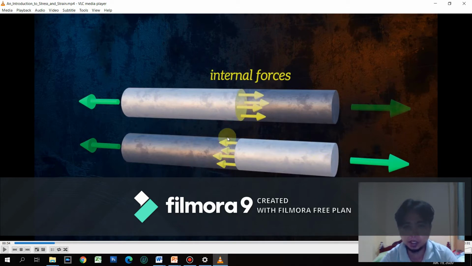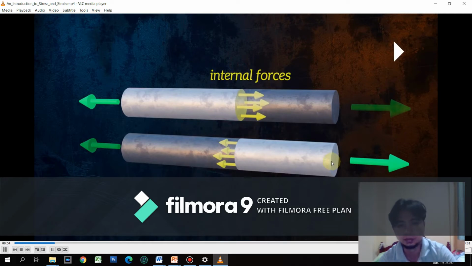Likewise, in this one, we cut this into section and then consider the right portion, just the same. This is tension away from the joint, and the internal effect should also be away from the joint, or tension. So the opposite of tension is compression, wherein the arrow should be towards the member.